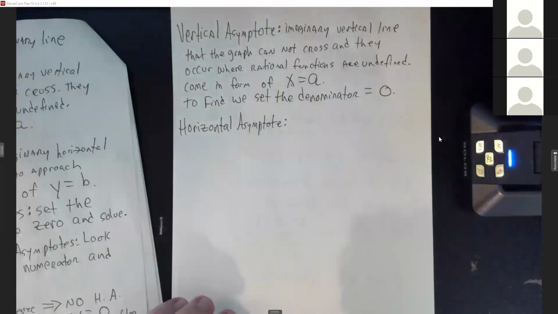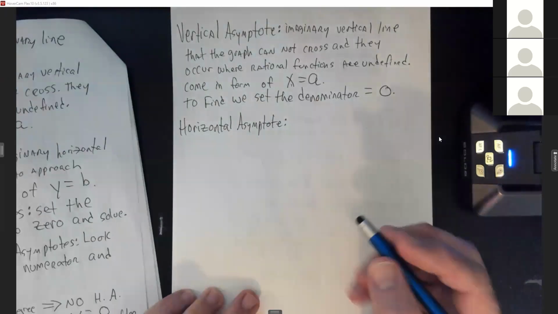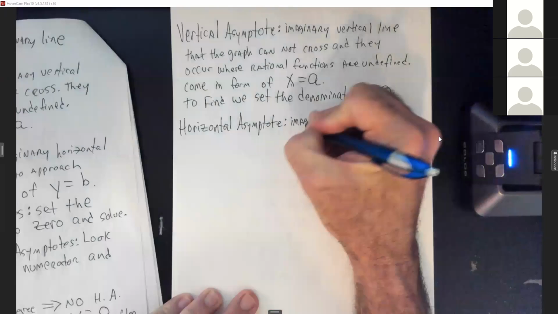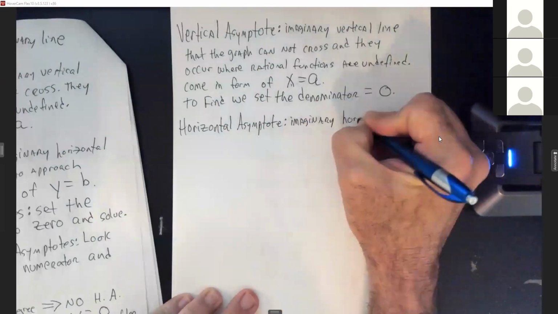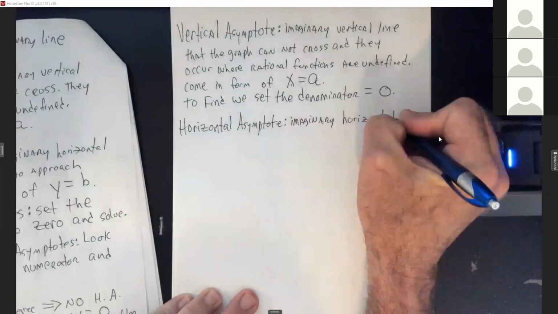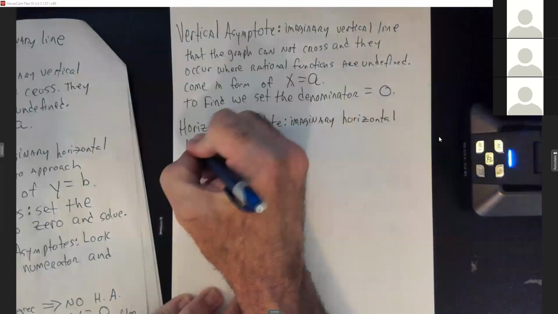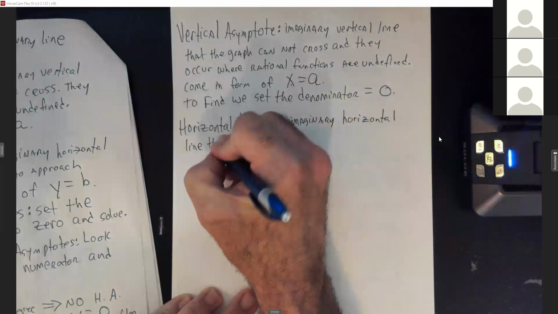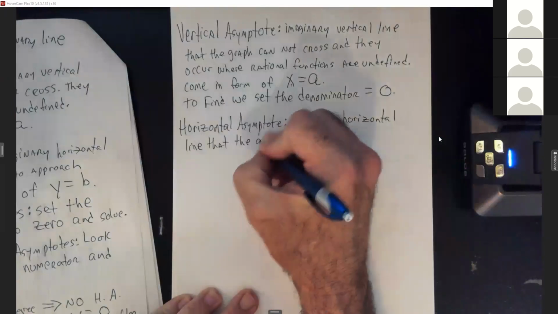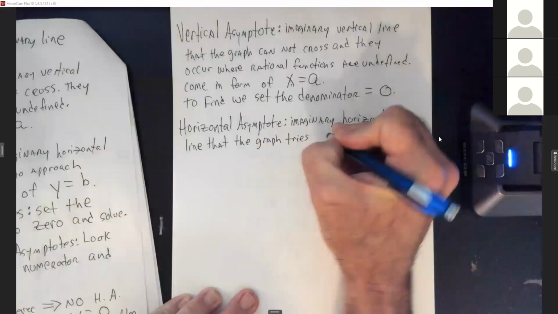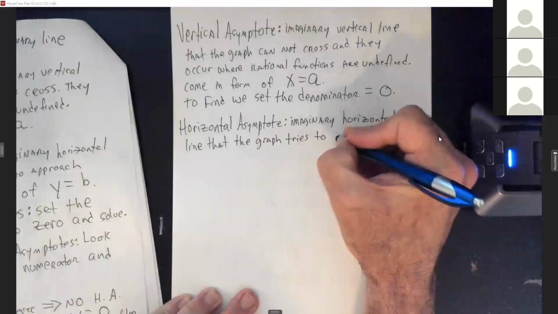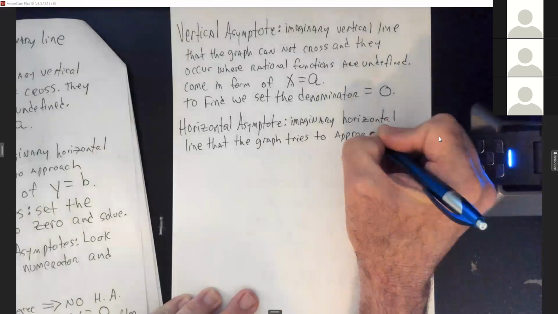So a horizontal asymptote is sort of like an imaginary horizontal line that the graph tries to approach over time.